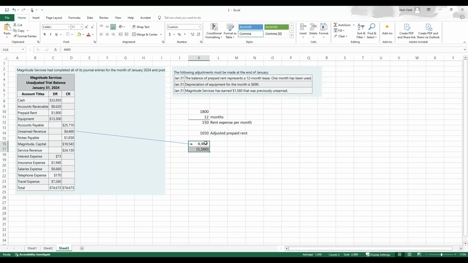So it's no longer unearned. Now it is earned. So we're going to reduce that unearned balance, and we'll say revenue earned, and then adjusted unearned revenue, $2,900. So that's about all on that one. That's the three adjustments.